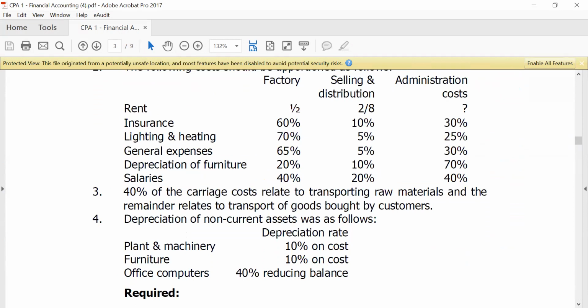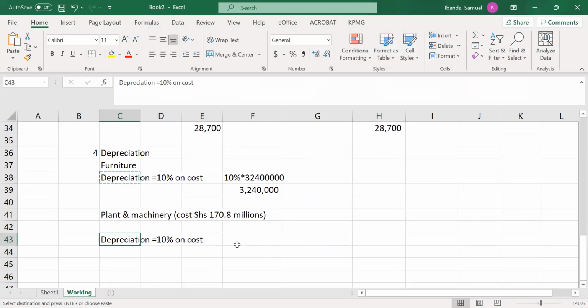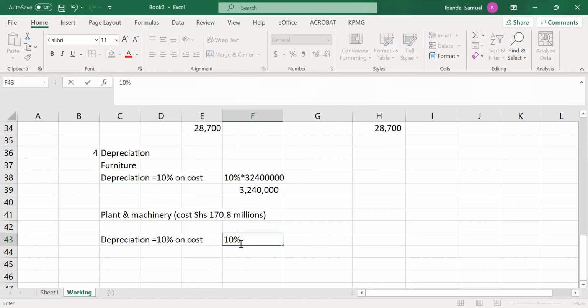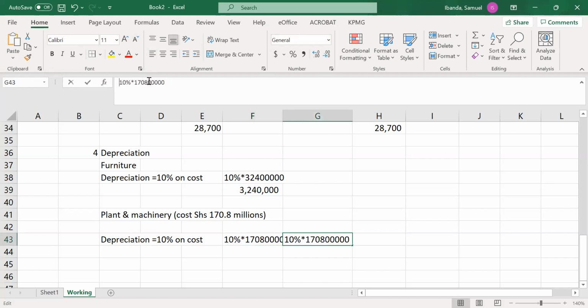So what this means is it will be 10% times 170,800,000. Getting the value here, it will be 17 million per year because it's on cost.